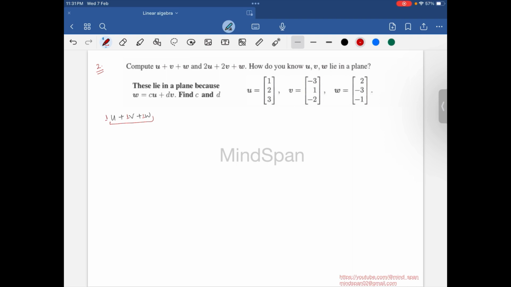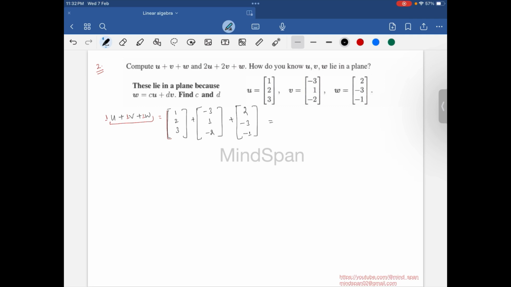For that you will have to take c, d, e, but we are picking a specific value of c, d, e, right? So let me use the black color. So 1 2 3 plus v is minus 3 1 minus 2, and this w is 2 minus 3 minus 1.